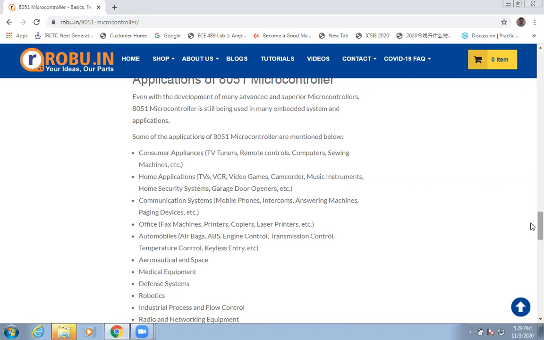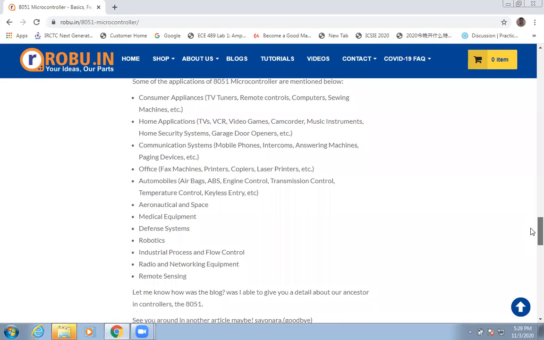Office equipment such as fax machines, printers, copiers, laser printers, etc. Automobiles such as airbags, ABS systems, engine control, transmission control, temperature control, keyless entry. Aeronautical and space, medical equipment, defense systems, robotics, industrial process and flow control, radio and networking equipment, and remote sensing.